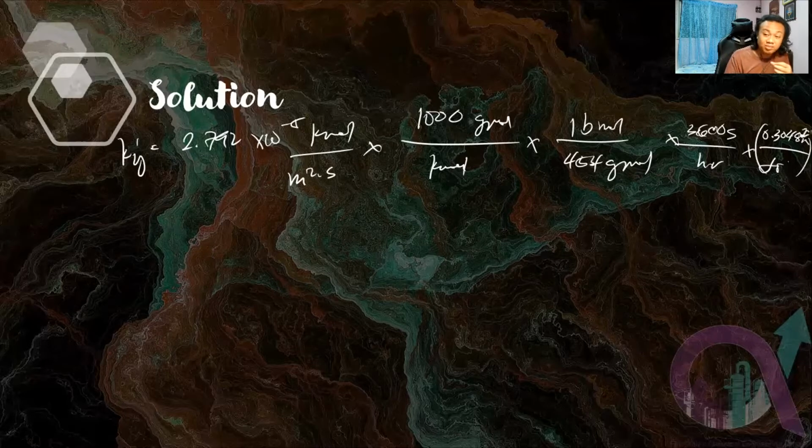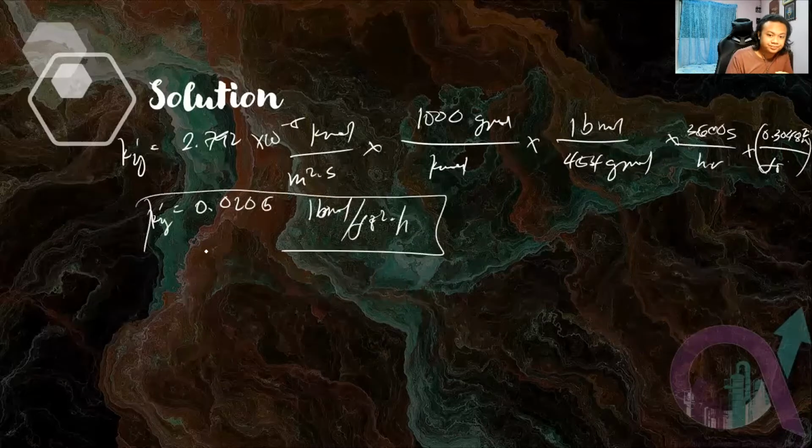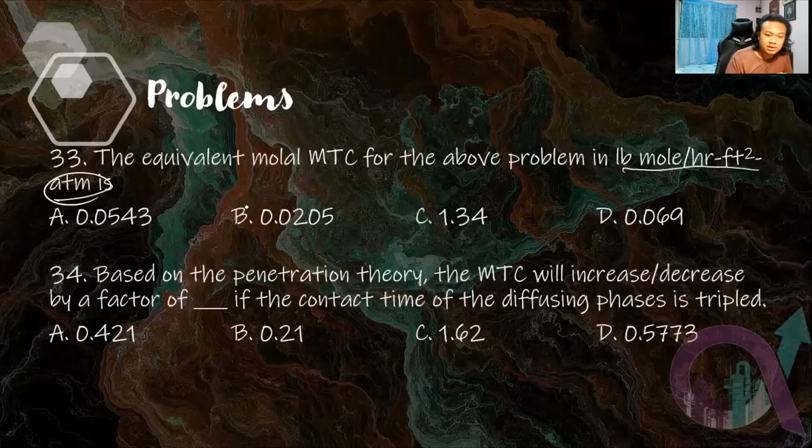That's squared, so it is squared. So you will have now 0.025, which will be pound mole per square feet per hour. Okay, so that's letter B.